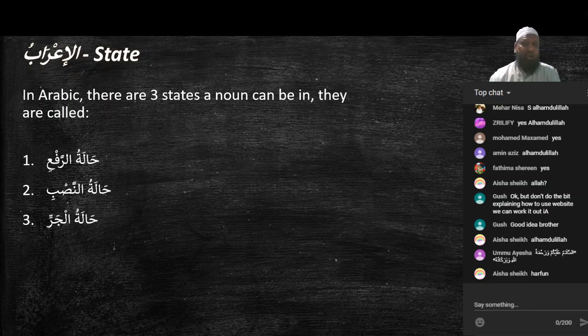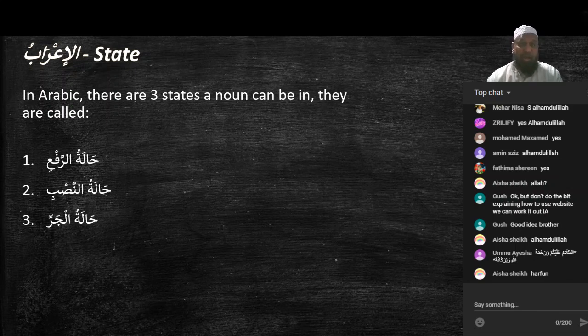Number 2, halatul nasb, the state of nasb. And number 3, halatul jar, the state of jar. Again, learn the names. Once we go more into our lessons, these things will become clear. Believe me, they will become clear. We just need to learn the names and the terms at this moment.